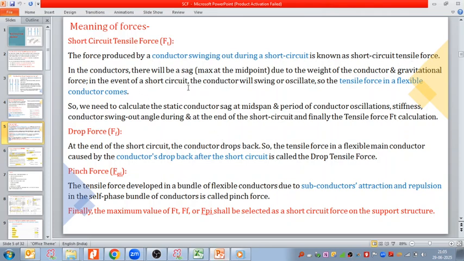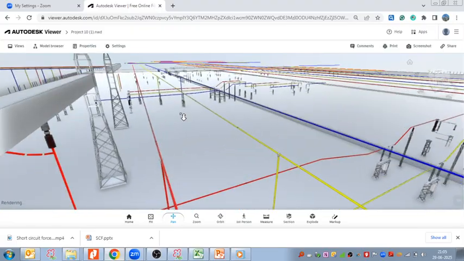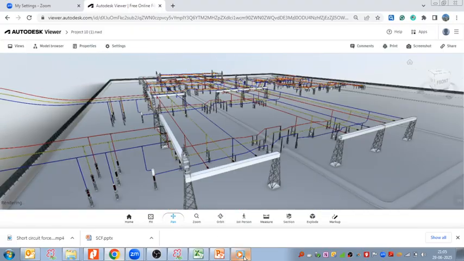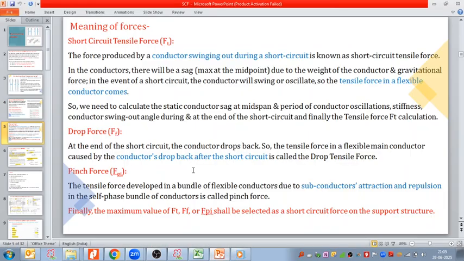In the conductor there will be sag. Like here it was the tubular conductor, so there was no sag. But in case of the flexible conductor, there would be sag in the conductors. At the midpoint, where the sag is higher, the swinging would be higher. At the midpoint there will be maximum sag.